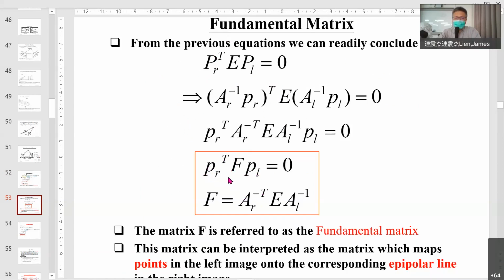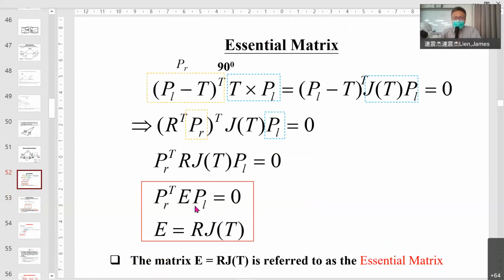The fundamental matrix includes the 2D left side image, and we project to 3D with the intrinsic parameters. E is the essential matrix, which includes rotation and translation.